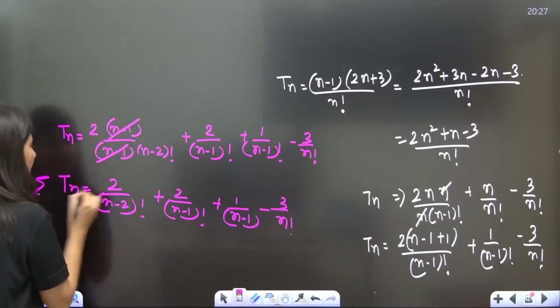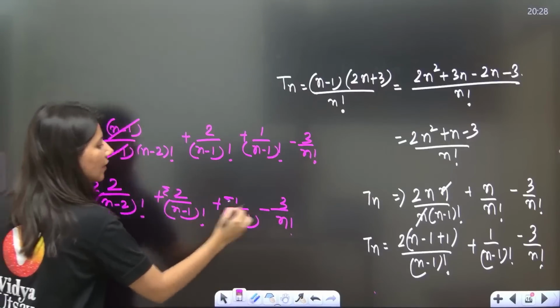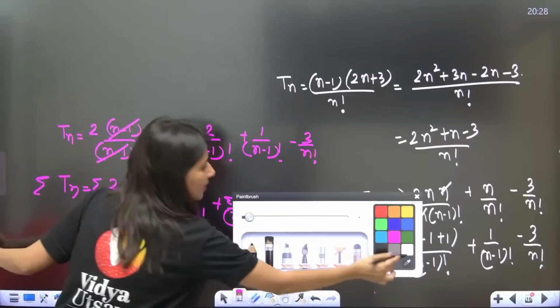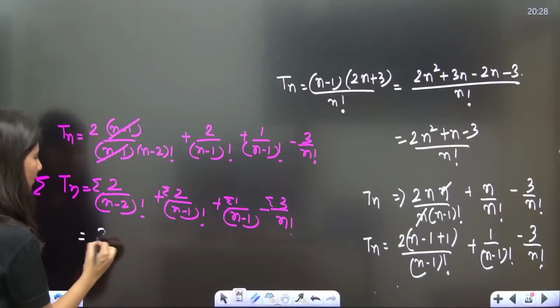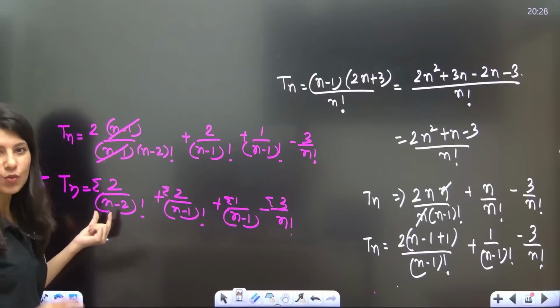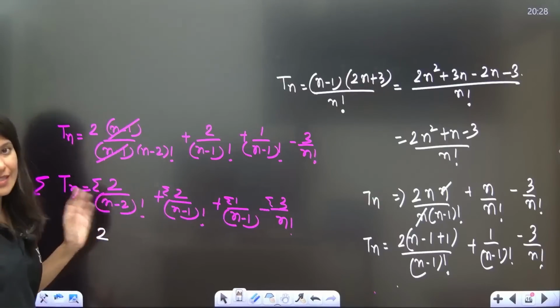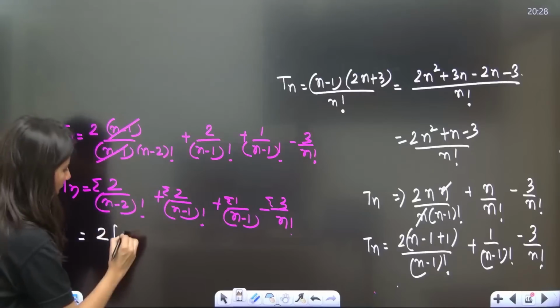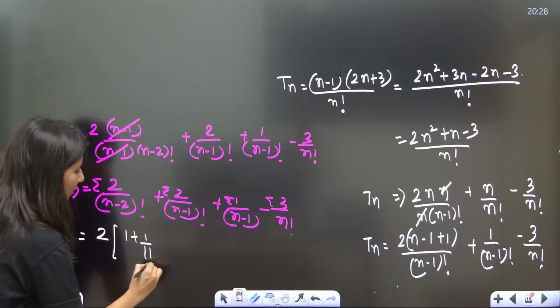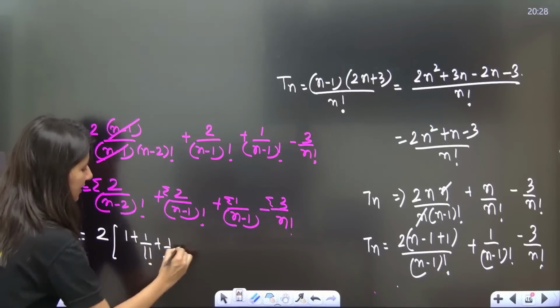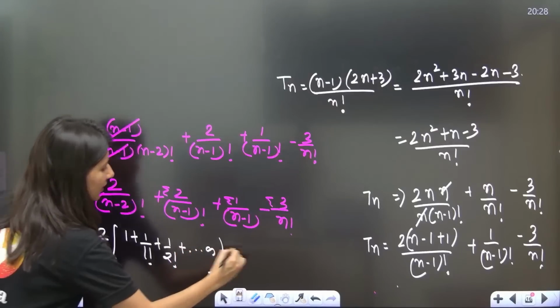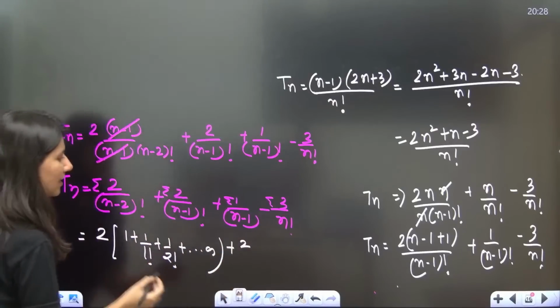Now let's apply sigma everywhere. If you put n equal to 1, it will not work out. n equal to 2, no. So it starts with, yes, n equal to 2. So this is 2 times (1 plus 1 upon 1 factorial plus 1 by 2 factorial, summation all the way up to infinity), plus 2 times the n minus 1 sum, again the same thing.